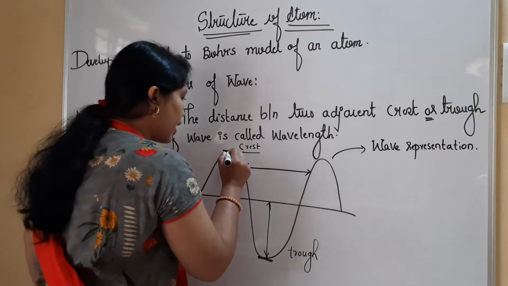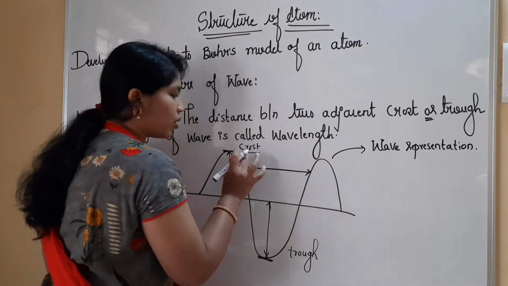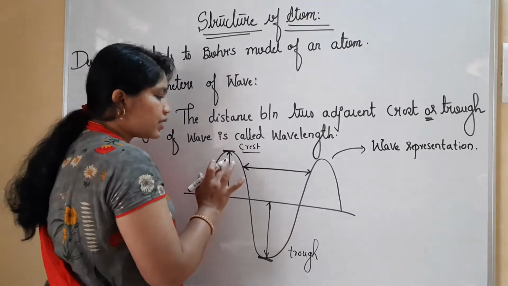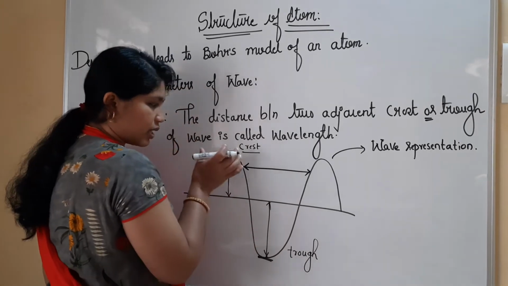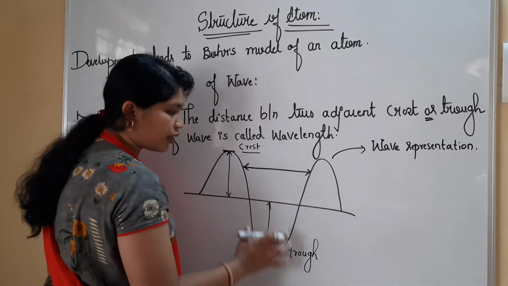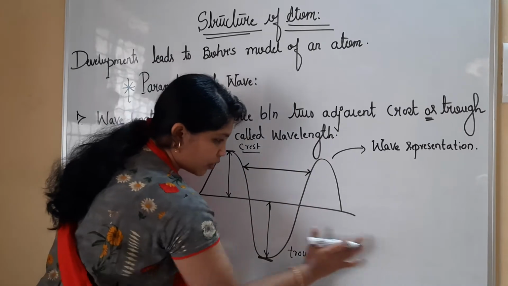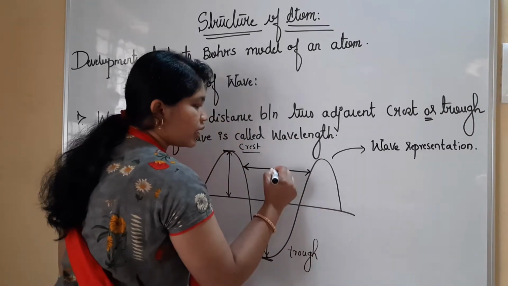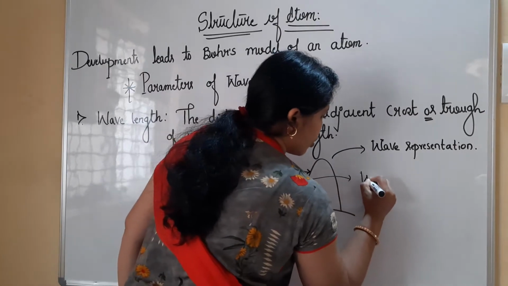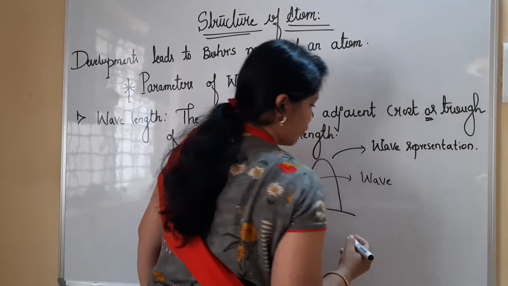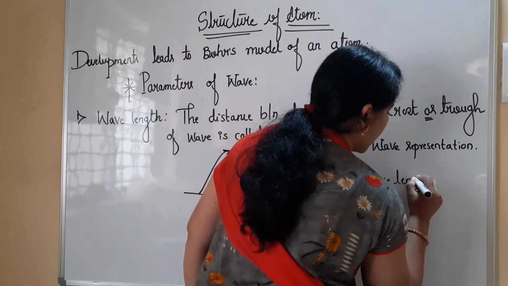Upper part or height of wave, it is called as crest. We will be considering these two distances. I have crest here, I have trough here. Distance between adjacent crest or distance between adjacent trough, it is called as wavelength of wave. It is called as wavelength.